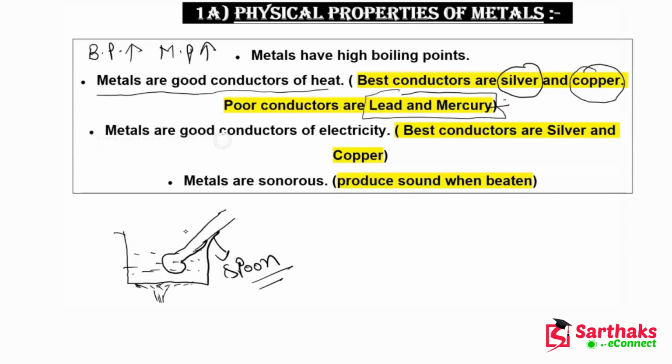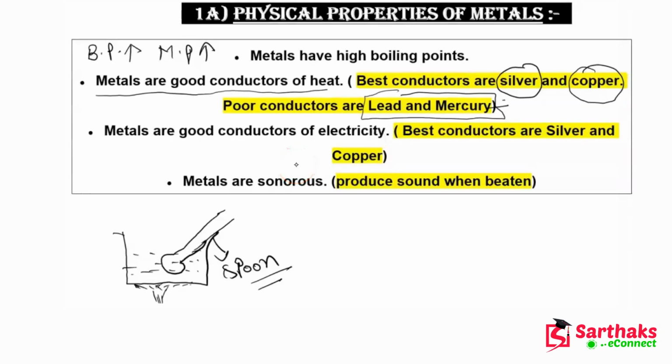Now let's talk about the other point. Metals are good conductor of electricity. The best conductors of electricity are silver and copper. So if you are asked what are the best conductor of electricity, your answer would be copper and silver.